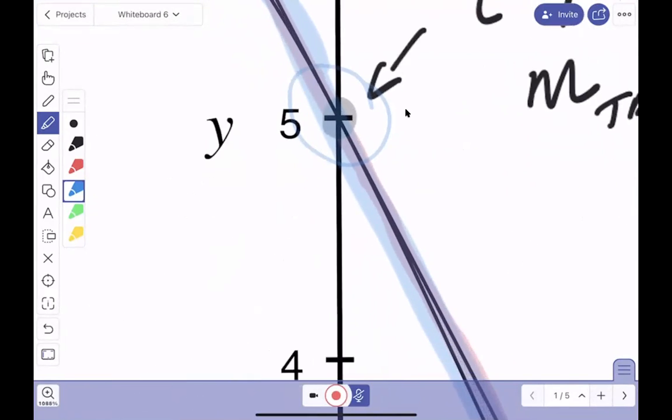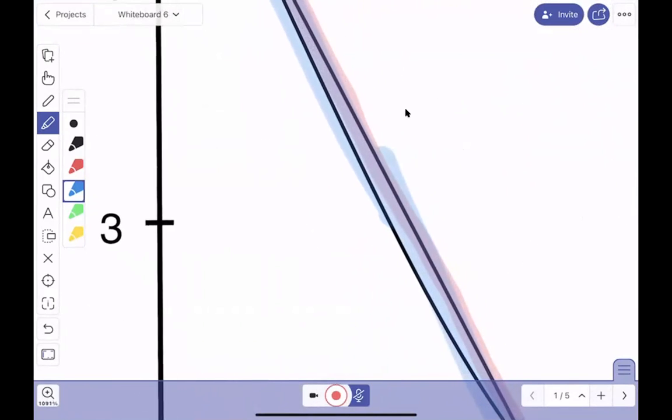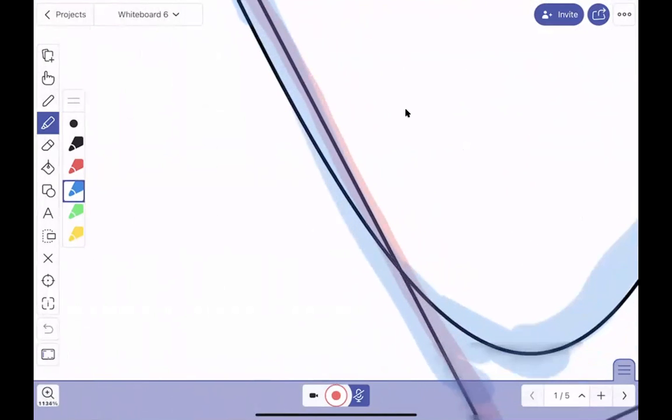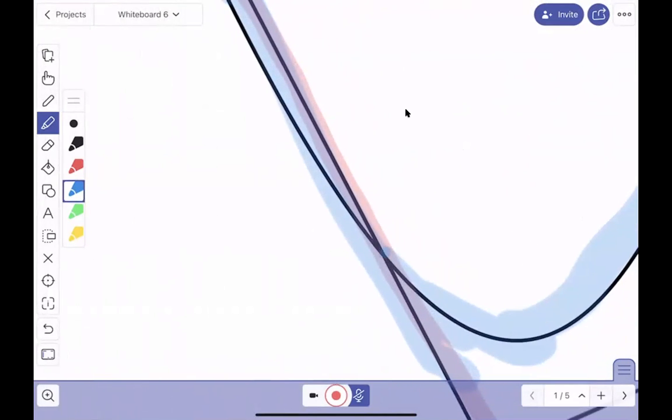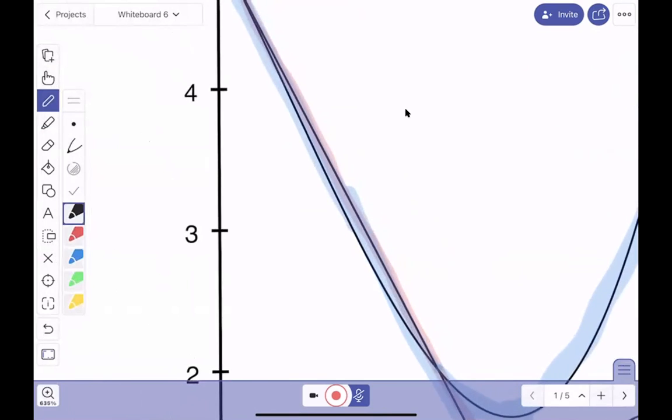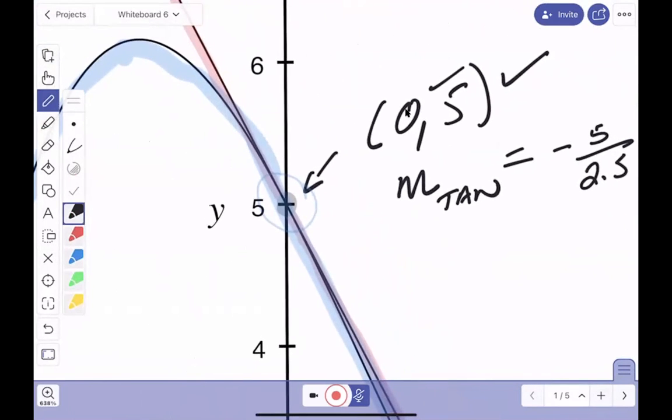All right. Now, does this line go through the curve at another point? It does. It's right over here. This is why we're also going to call this a secant line, because it goes through the curve at two distinct points. A confusion a lot of students have, though, is this. We are not claiming that this is true at any other point than at the point (0, 5).